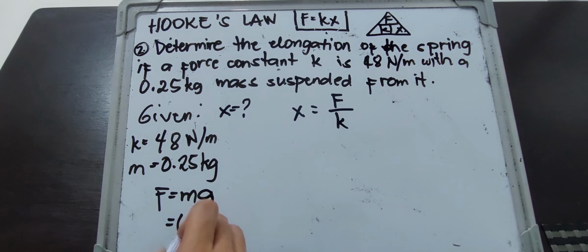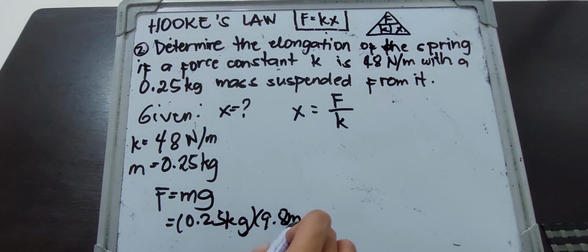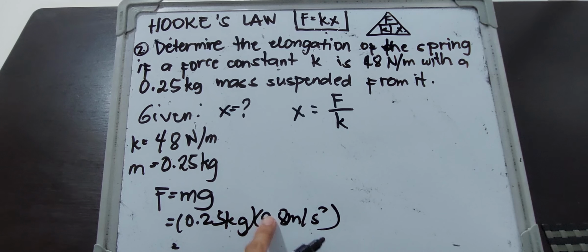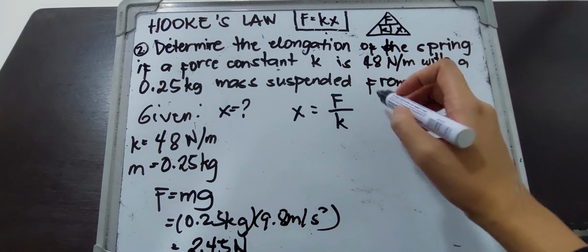So, 0.25 kilograms times 9.8 meters per second square. So, our force na is 0.25 times 9.8 is 2.45 newtons.